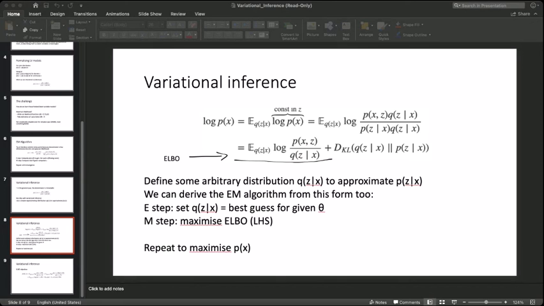No. So the way it goes from P of X to this is P of X can be written as the joint distribution P of X and Z divided by the conditional. So P of X equals joint over conditional just by Bayes rule or something.